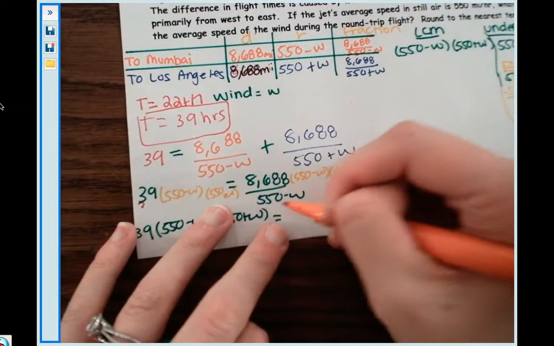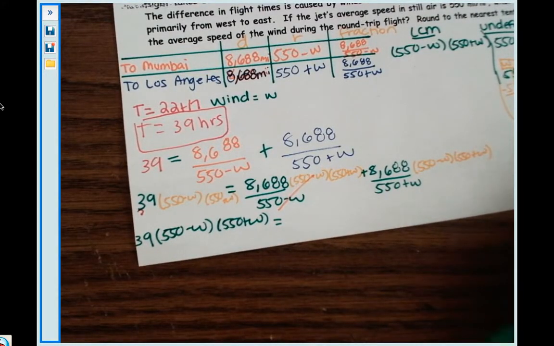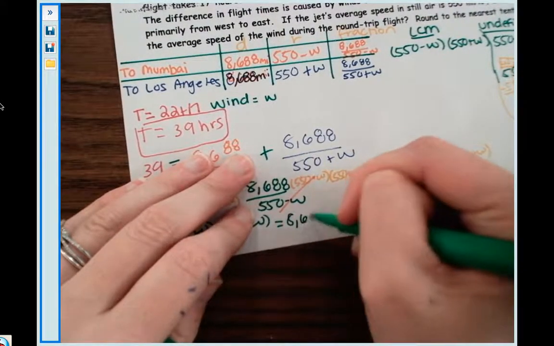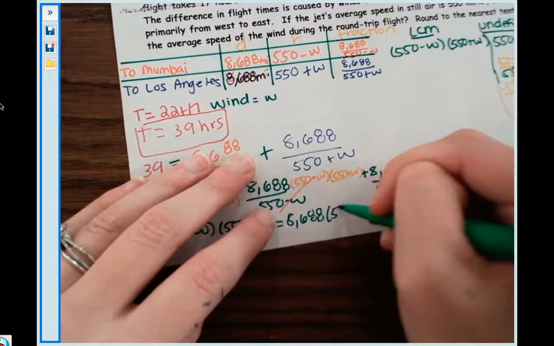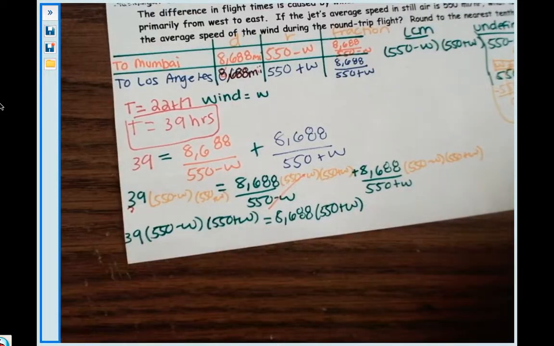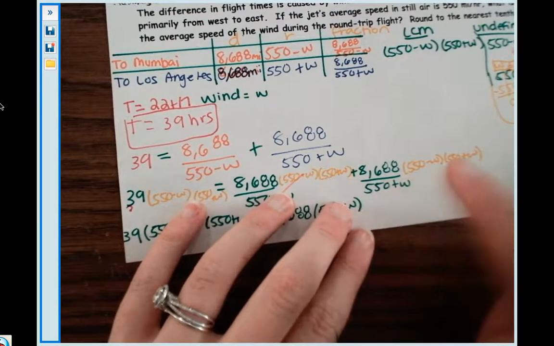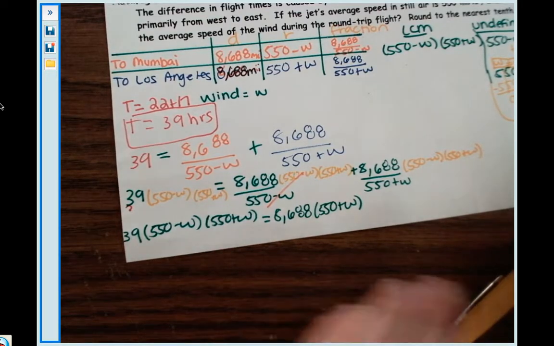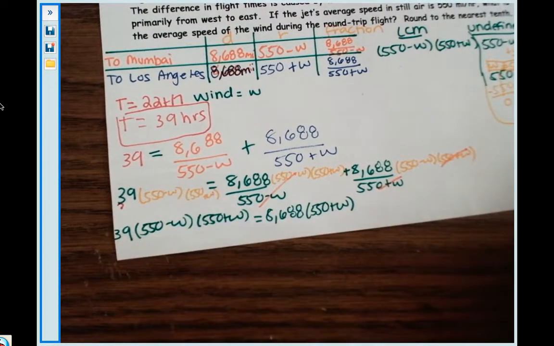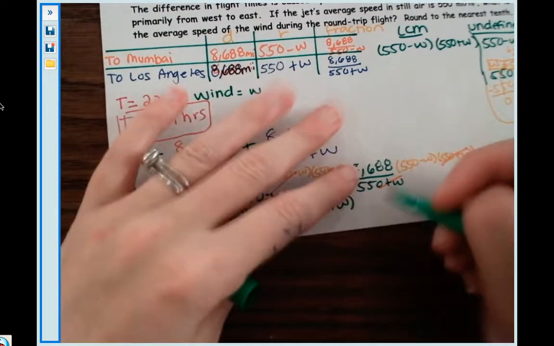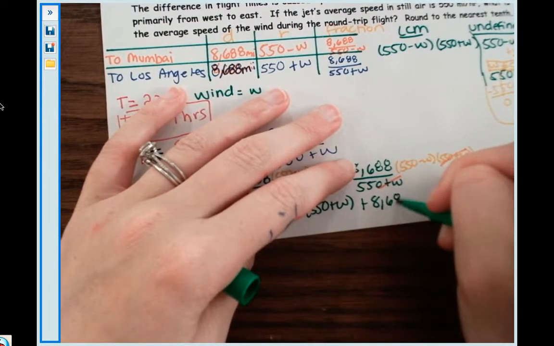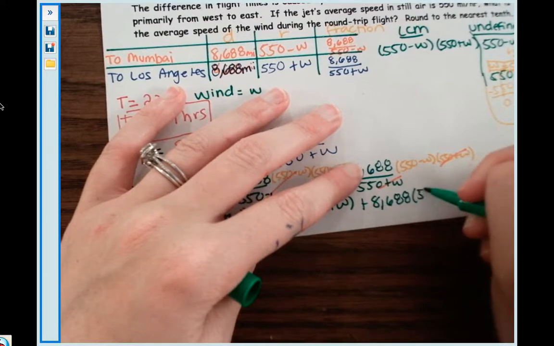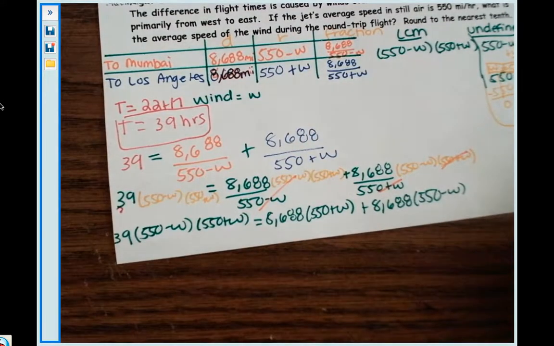Look, my 550 minus W will cross out, and I'm left with 8,688 times 550 plus W. On this side, the 550 plus W will cancel out, so I'm left with 8,688 times 550 minus W. All right, let's keep going.